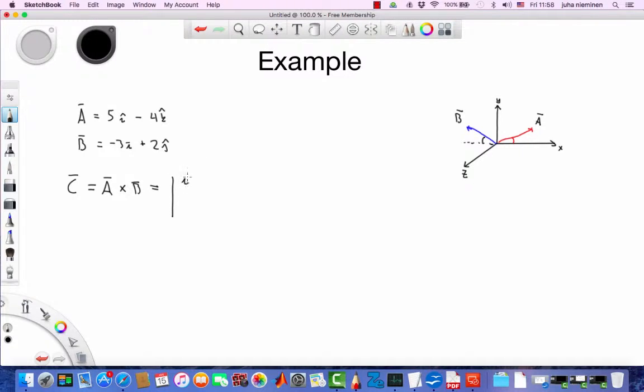So first the coordinate axes, i, j, and k. And then what is our vector A? 5i, so you have 5 here, but there's no j, so we have 0, and then k is minus 4. And then b, minus 3i, 2j, and 0k.